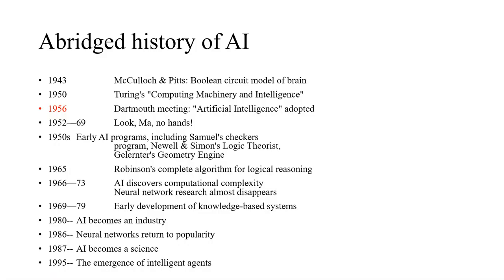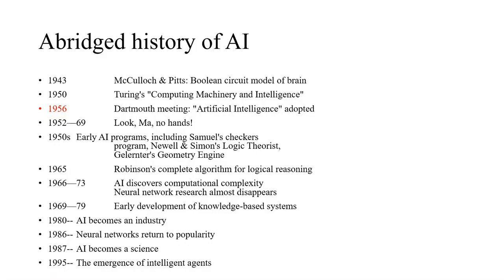In 1952 to 1969, generally there was not that much work related to AI, but after the 1950s, some early programs were introduced by some programmers and logicists. In 1965, Robinson completed the algorithm for logical reasoning. Then as time went on, there was quite a development of knowledge-based systems.